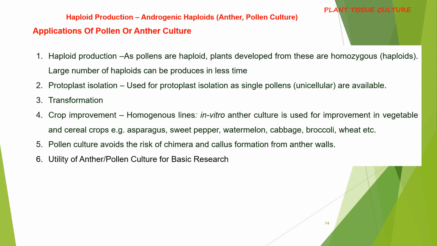Anther and pollen cultures can be utilized in basic research for cytogenetic studies, to compare heterozygous diploid with haploid or homozygous diploid populations. Recessive phenotypic characters can be identified very easily. It can be used to study genetic recombination in higher plants.